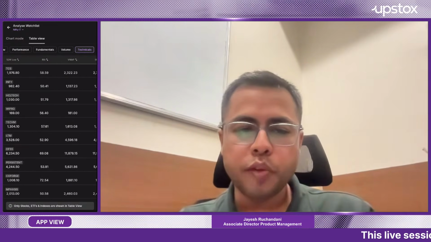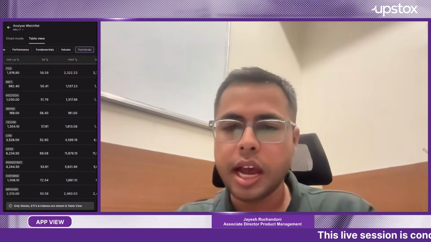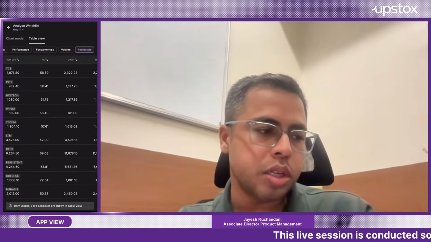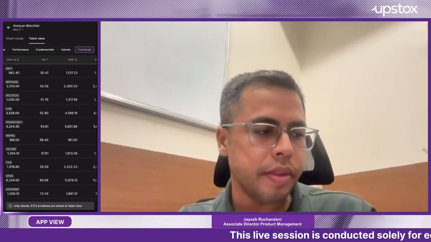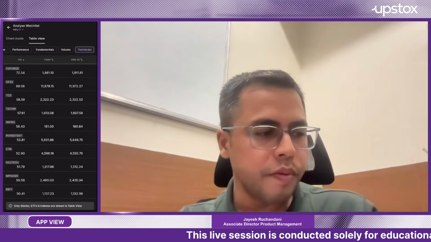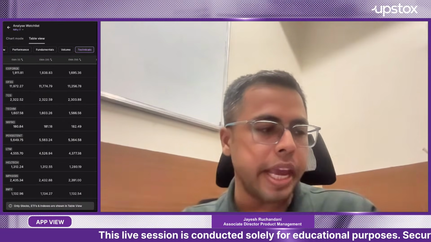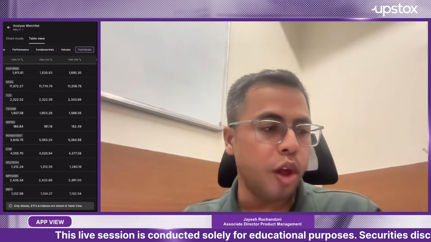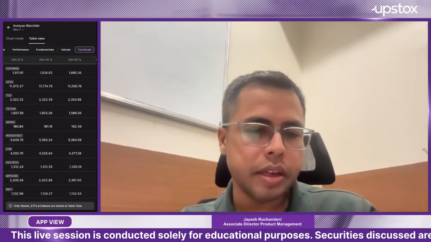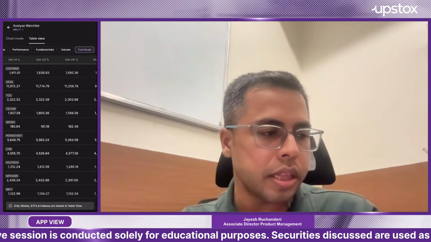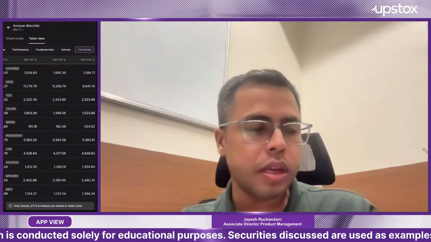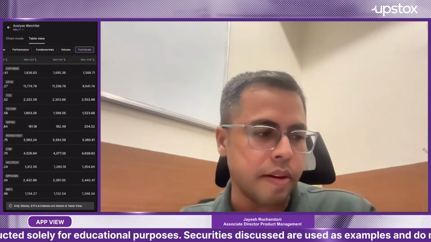If your preference is to look for RSI oversold stocks, or RSI overbought stocks, then you can quickly sort from here. There are also VWAP and all the EMA parameters. You can compare different EMAs and see if all the EMAs are aligned in a bullish manner. Then you can see more of that in the chart itself.